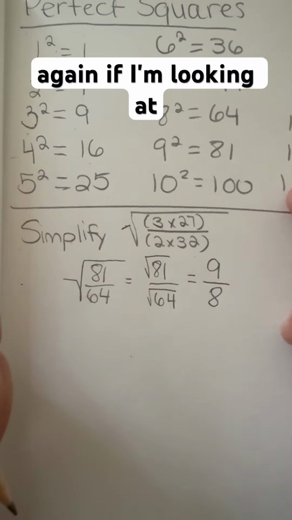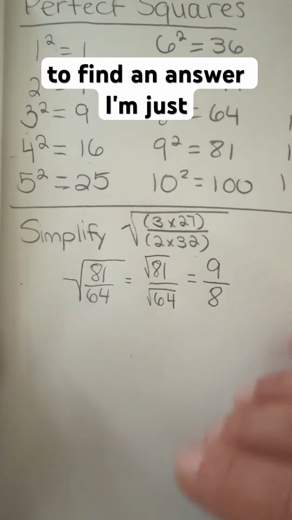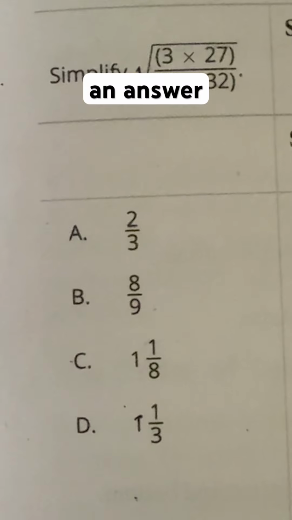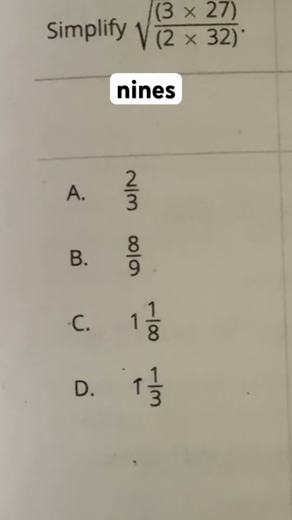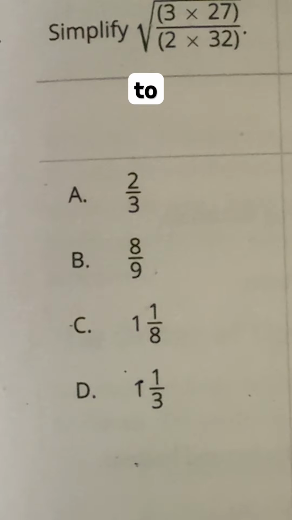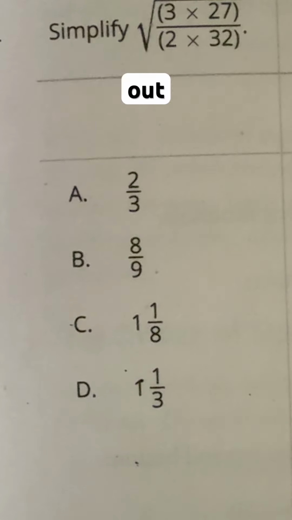Now, if I'm looking at something like this and trying to find an answer, I'm going to show you the question that I have here. So this is the question that we're looking at, and these are my choices. If I'm looking at this as an answer, I don't see that. I see 8/9, but I don't see 9/8. So my other option is to take a look and say, is there anything that I can change that to, looking somewhat similar?